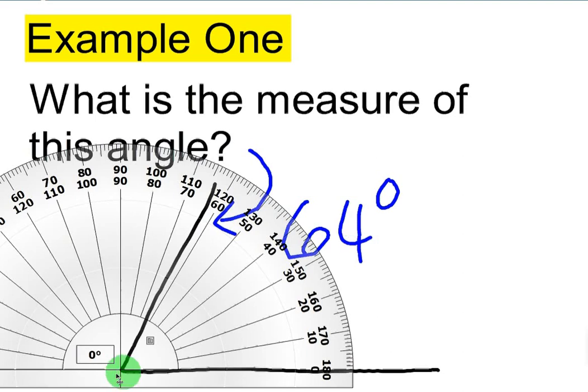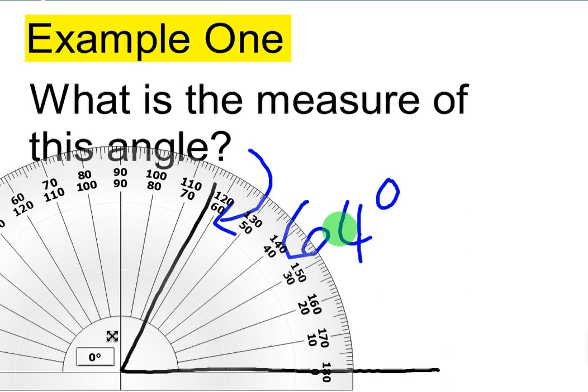In other words, crosshairs need to be right here. Then go up to your protractor and figure out what that notch is. Remember, you're using the bottom notches here because we started to the right, and it makes sense because this is an acute angle. It's less than 90. If we go up to that notch right there, it's right before 65. It must be 64 degrees.